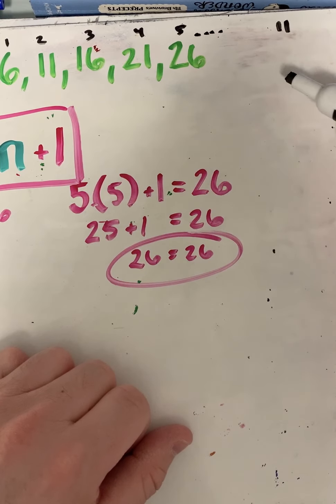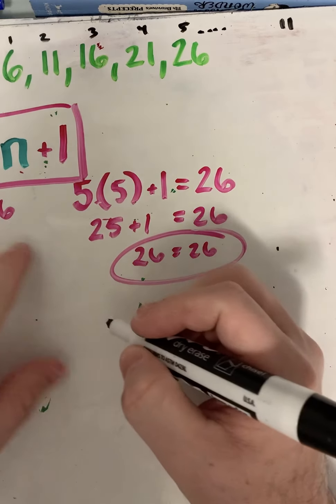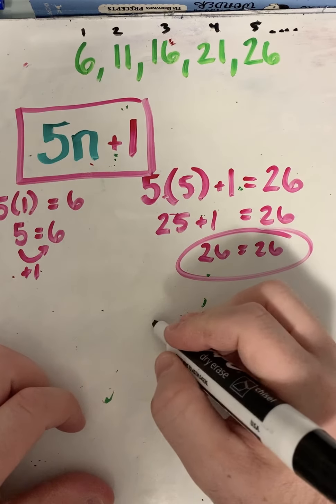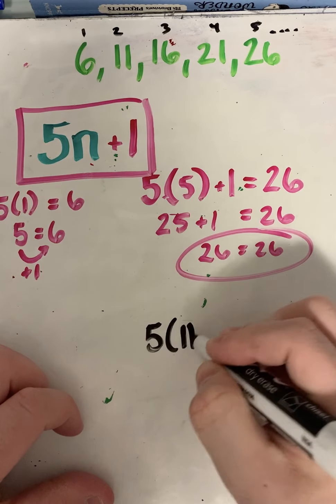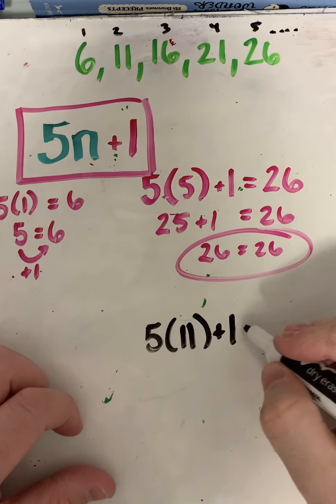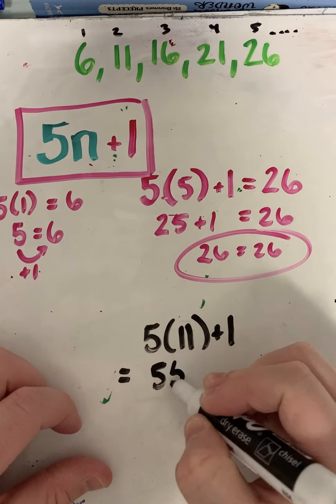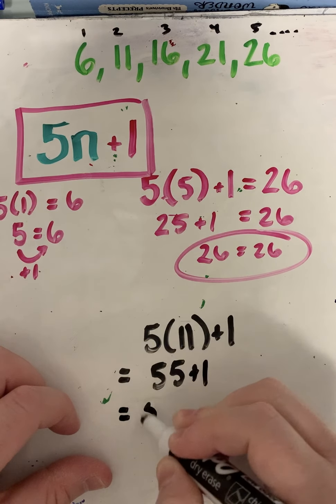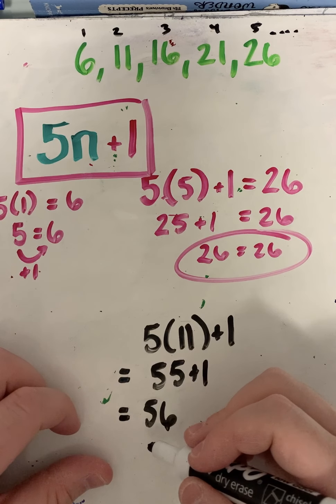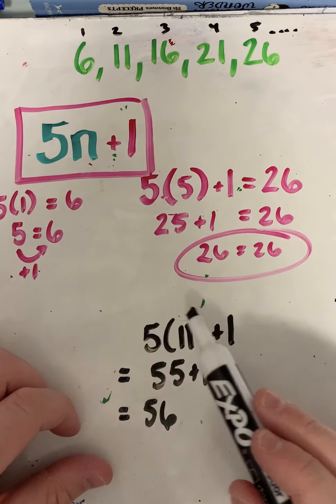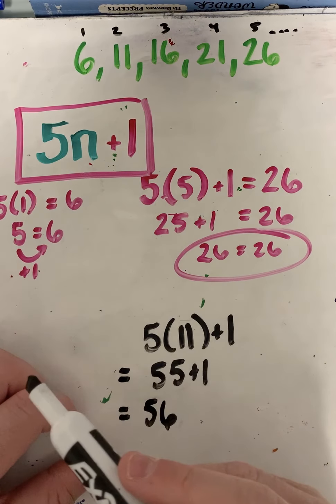Or I could simply take my pattern rule and, instead of the n, input 11. So I'll do 5 times 11 plus 1. 5 times 11 is 55, plus 1 equals 56. So by figuring out the pattern rule, I can figure out any number in that pattern.